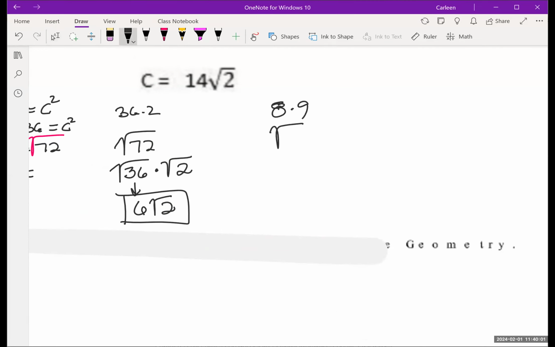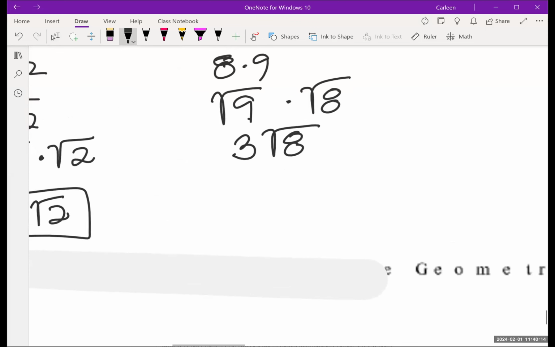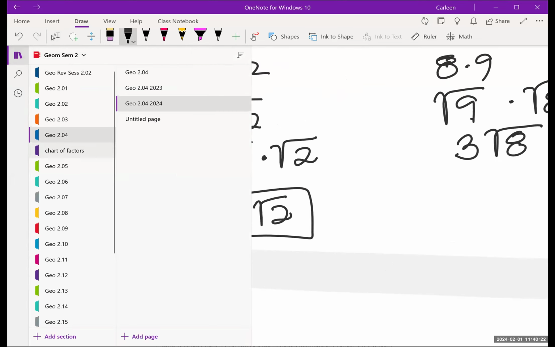So we have 9 is the biggest perfect square times 8. Square root of 9 is 3, and we have 8. Now, are we done, or does 8 have a biggest perfect square? Let's go look at 8.